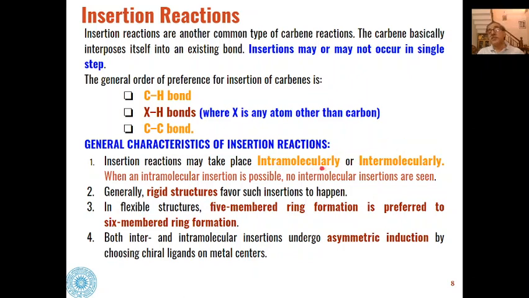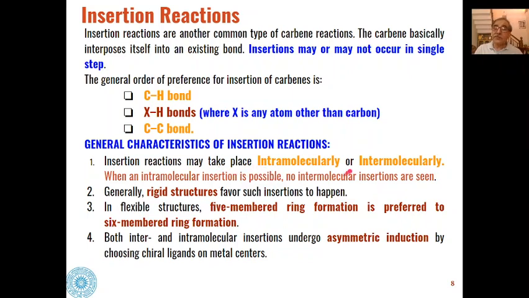So whenever there is a possibility of an intramolecular insertion reaction, then no intermolecular insertion will take place. If there is no possibility of intramolecular insertion, only then intermolecular insertion will take place.